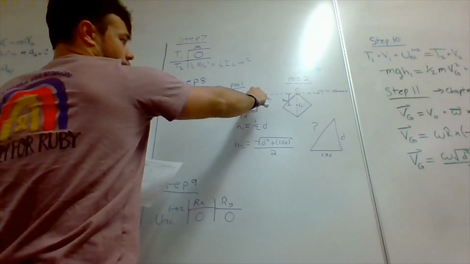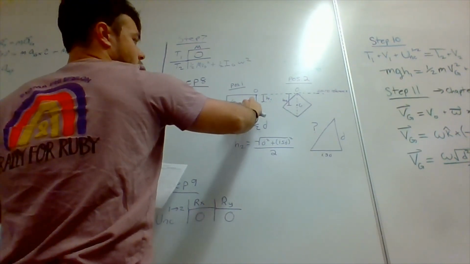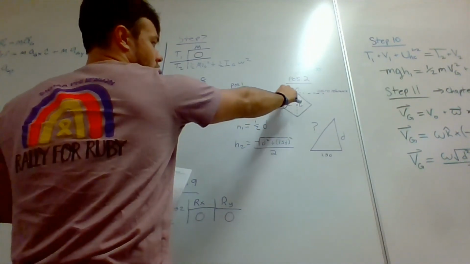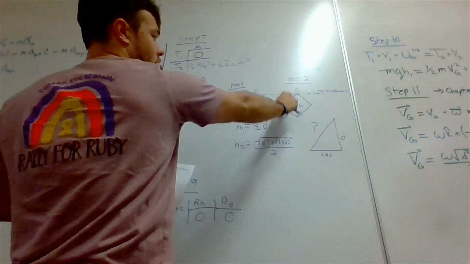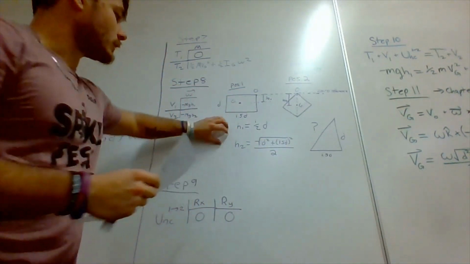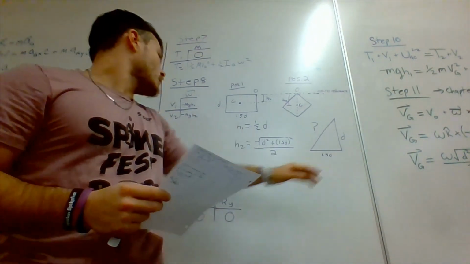Here we have H1 from the 0 reference line down to an imaginary line extended out from G in position 1. H2 is from the 0 reference line down to where G is in position 2.